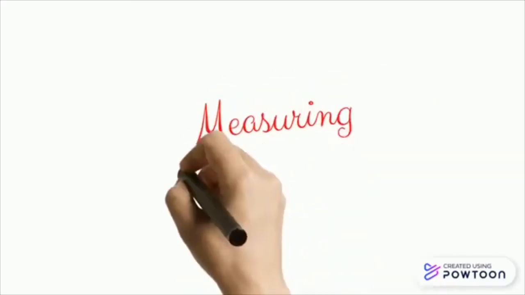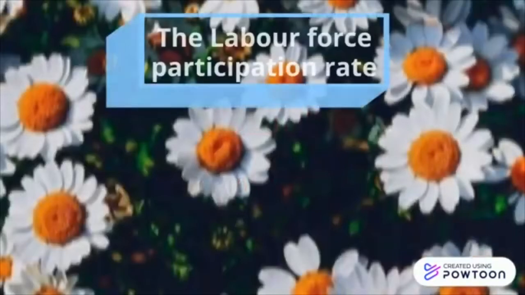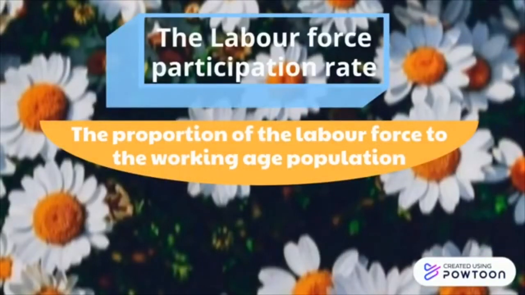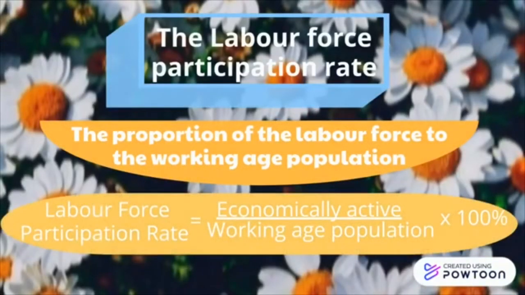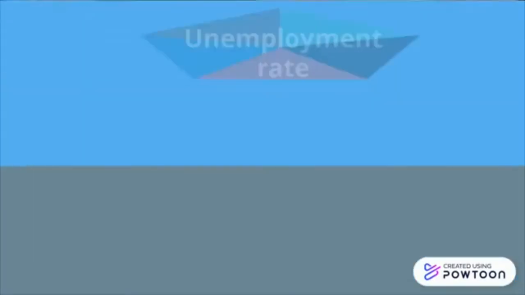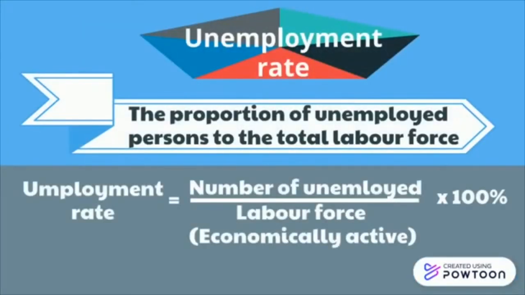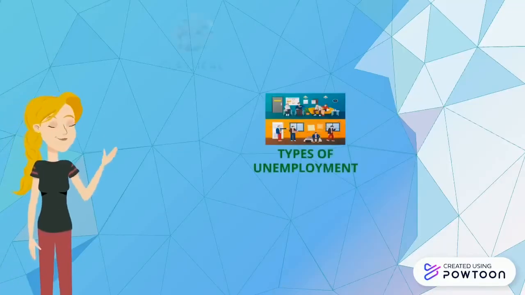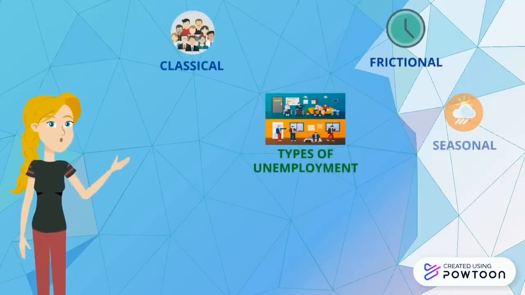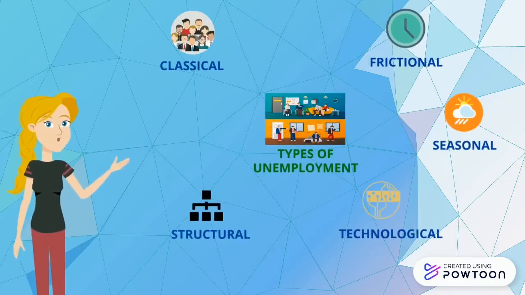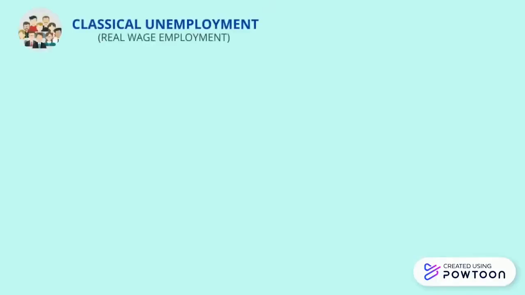Measuring unemployment. The labor force participation rate is the proportion of the labor force to the working age population. Unemployment rate is the proportion of unemployed persons to the total labor force. Types of unemployment: classical, frictional, seasonal, technological, structural, and cyclical. Classical unemployment.